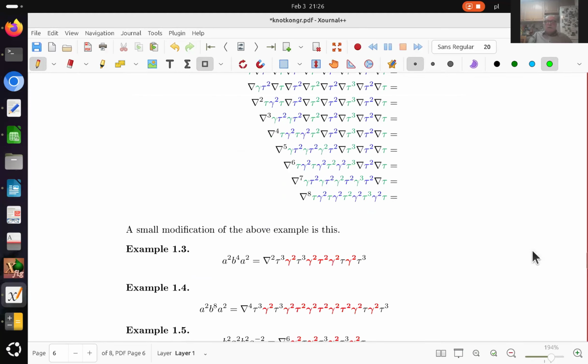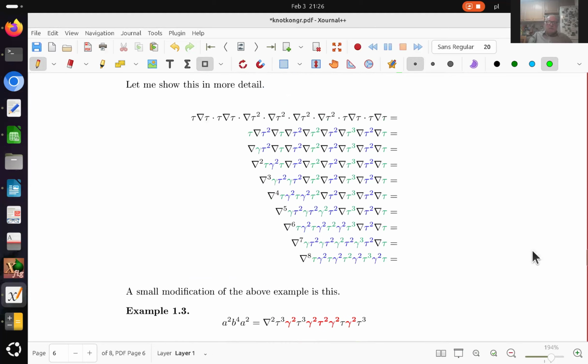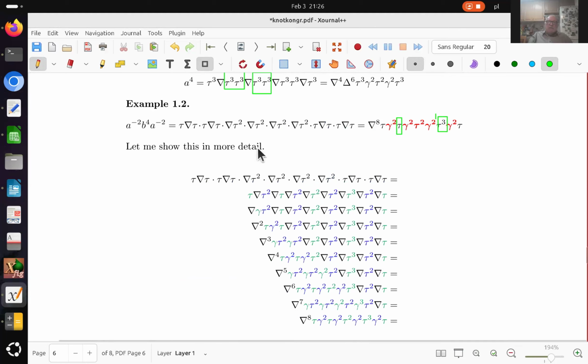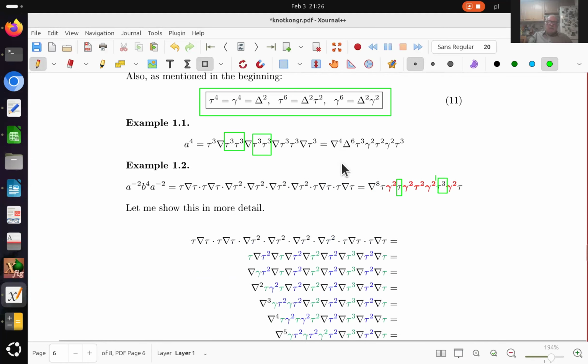So I have a number of examples like that. I will not go through the calculation. It's pretty obvious, I think, that if you have something like that, then you need to move nabla to the left. Whenever you meet nabla to the left, you replace tau with gamma.